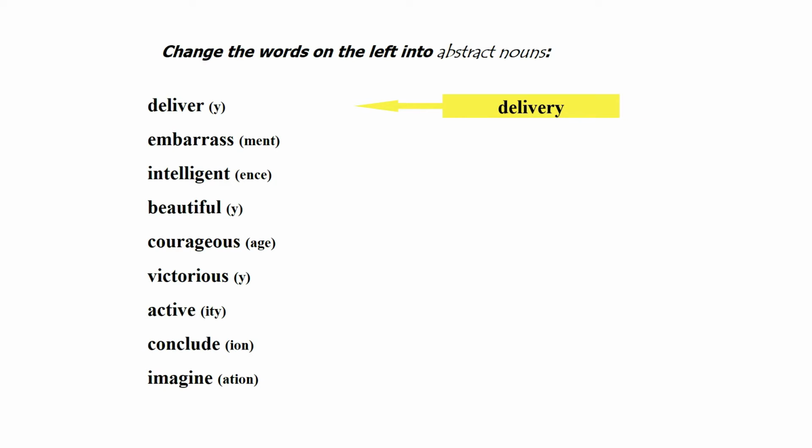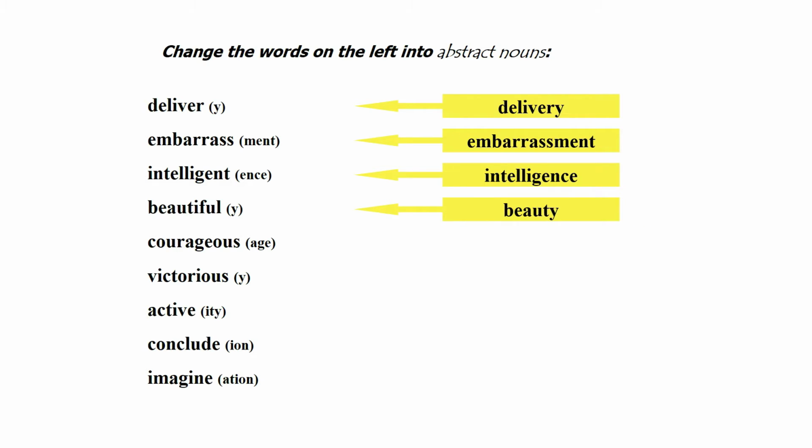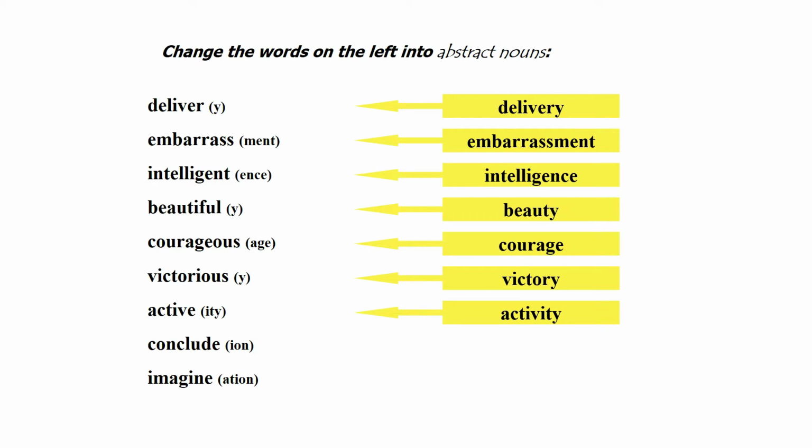So yes, deliver becomes the abstract noun delivery, while embarrass becomes the abstract noun embarrassment, intelligent becomes intelligence, beautiful becomes beauty, courageous becomes courage, victorious becomes victory, active becomes activity, conclude becomes conclusion, and imagine becomes the abstract noun imagination.